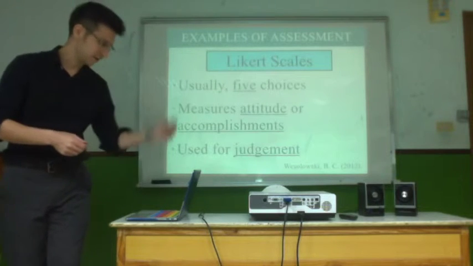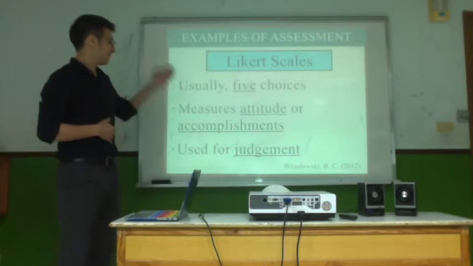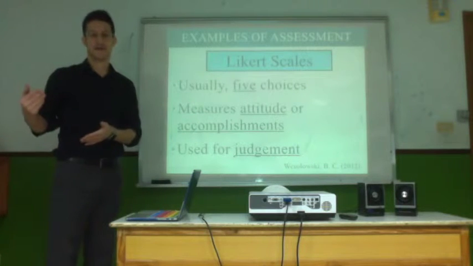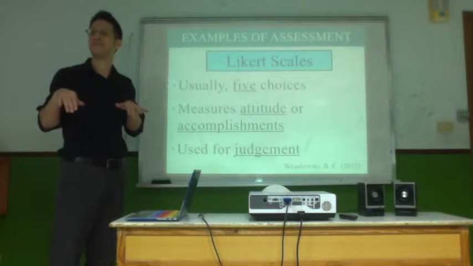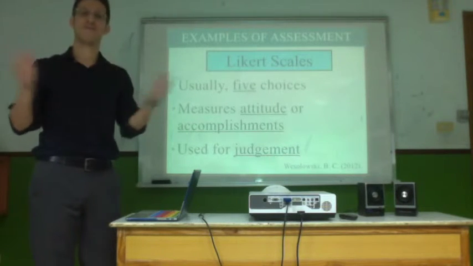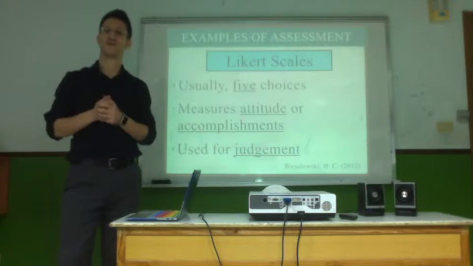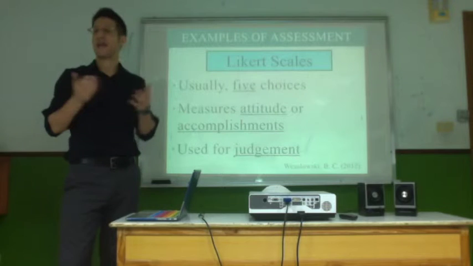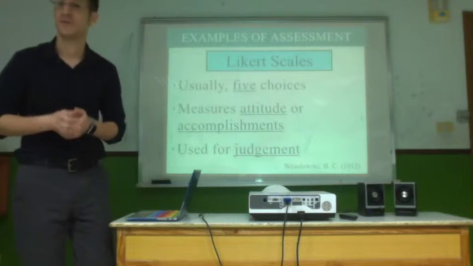I will demonstrate and show an example on the next slide, but attitudes: do they like it? Do they kind of like it? Are they okay with it? They don't like it. Or they really don't like it. That would be 5 examples. Or accomplishments. They completed 100%, 80%, 60%, 40%, 20%.